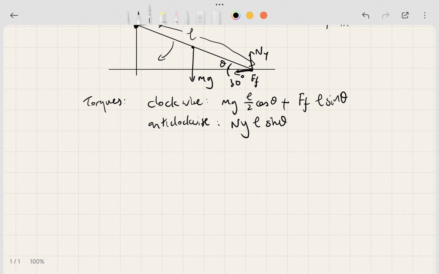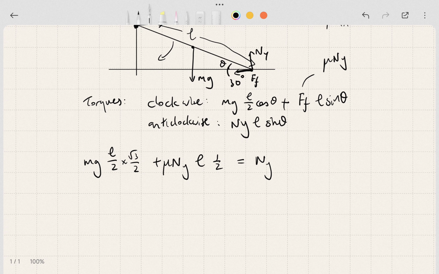okay, so let's simplify things down a bit. So the clockwise torque is mg L over 2 times cos 30 degrees, and cos 30 degrees is √3 over 2, plus Ff. Ff is the friction force, which is also equal to mu times Ny, so we can say mu Ny, L times sine theta, which is half, is equal to Ny times L times sine theta, which is also half.